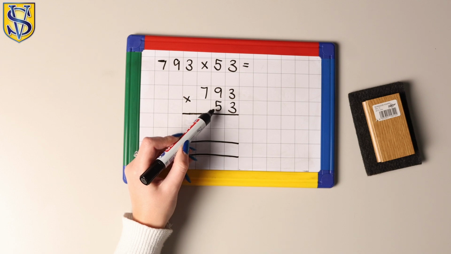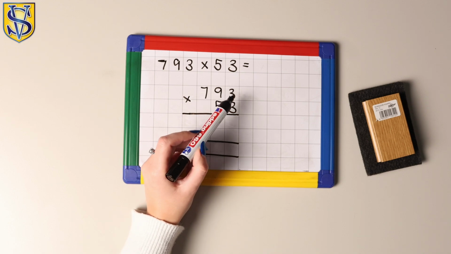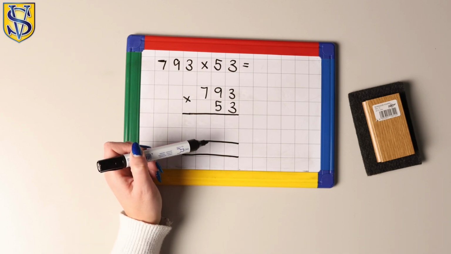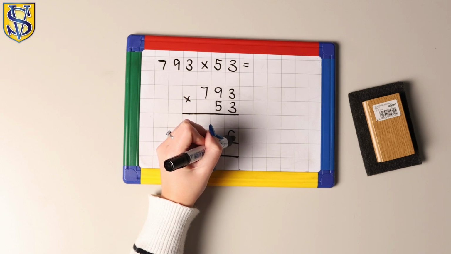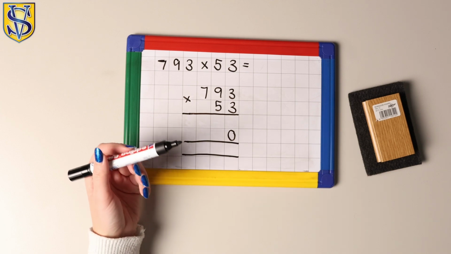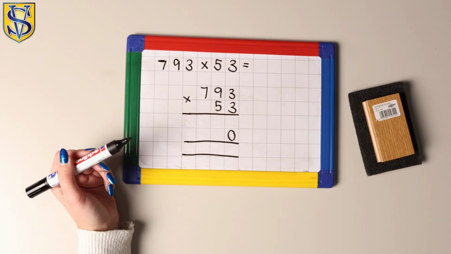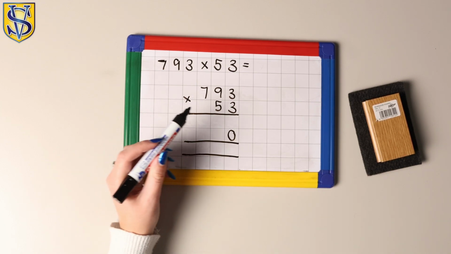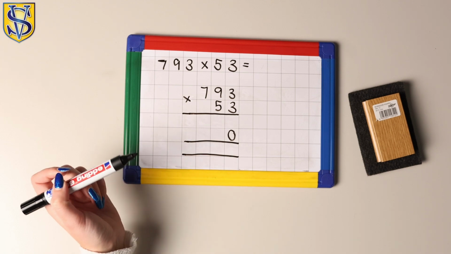So, because it should really be 50 times any of these numbers, you're going to place a 0 here because that is going to be representing the fact that all the answers should really have been 10 times bigger. But to make it easier for us, we're just reading it as 5.